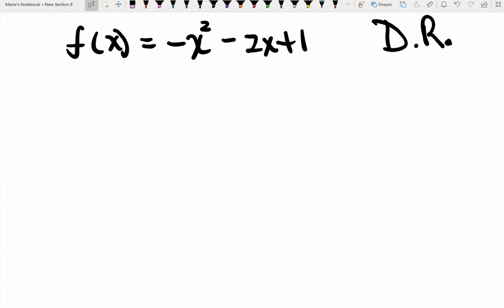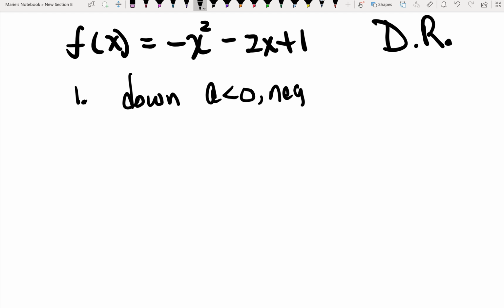All right, so using this, we're going to start with, again, point number 1. The parabola opens down. We know that because a is less than 0, meaning that a is negative. We can see that right here.